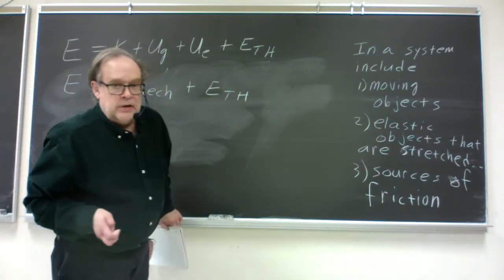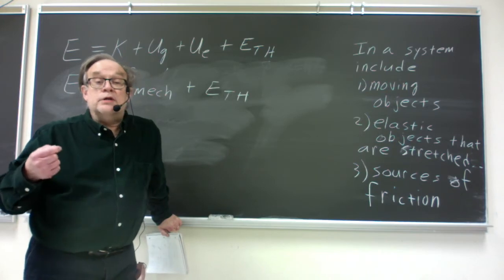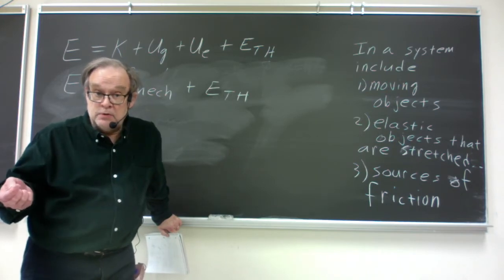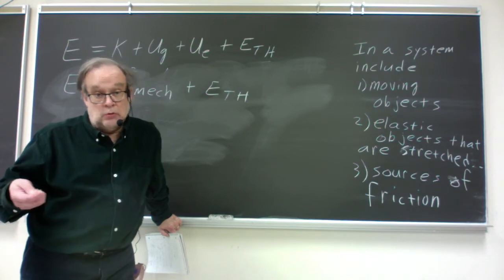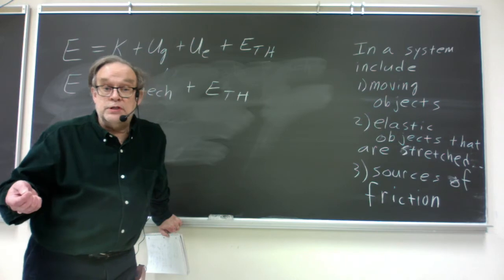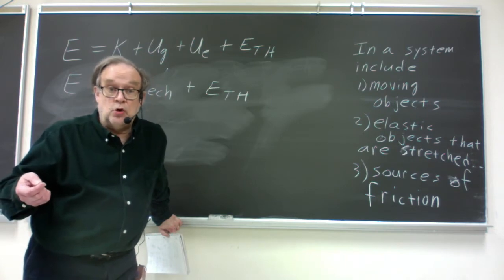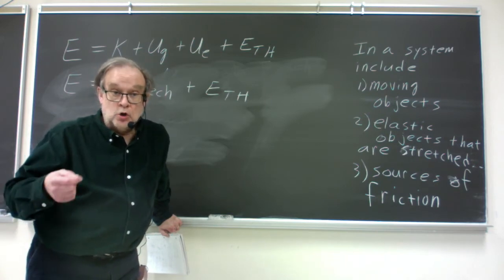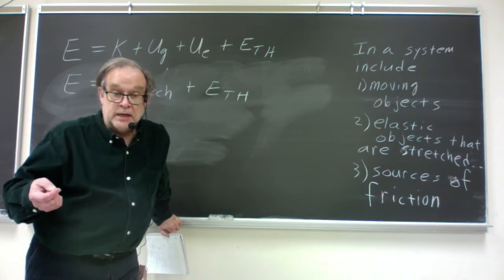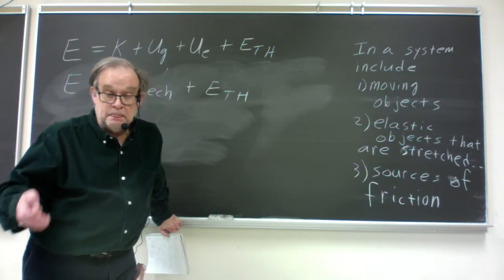Okay, energy is a property of a system. How does a system get energy in the first place, or how does a system lose energy? It gains energy or it loses energy by the process called work. Work, as you remember from 2201, happens whenever a force acts on a moving object.